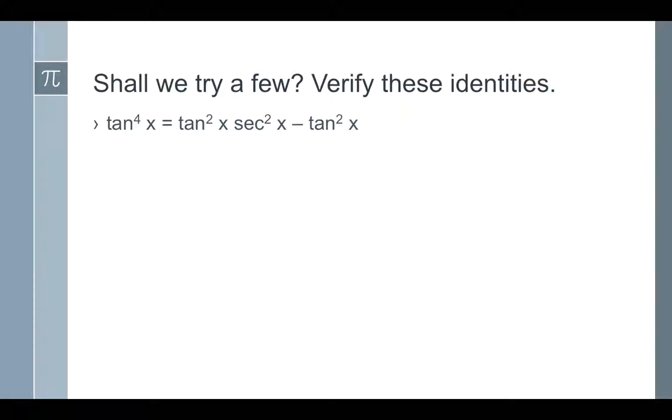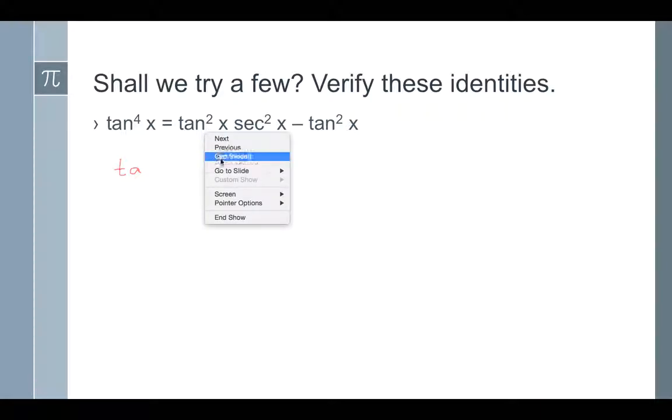All right, tangent to the fourth x equals tangent squared x times secant squared x minus tangent squared x. Wow, this one looks complicated. But you'll see here it's actually not as hard as it looks.